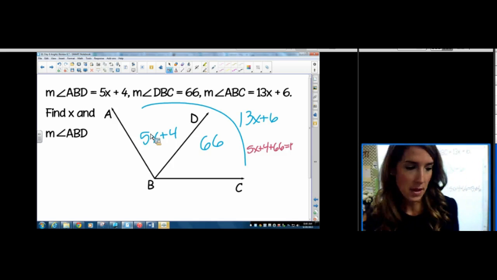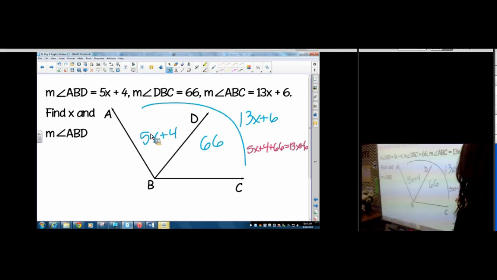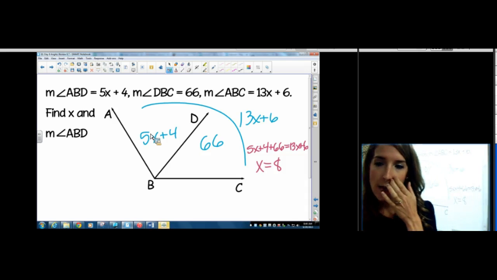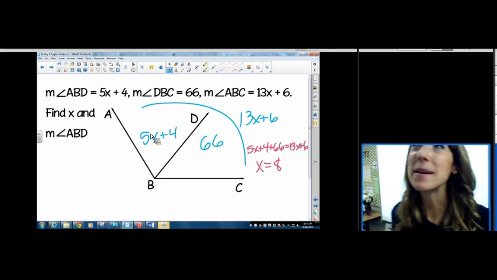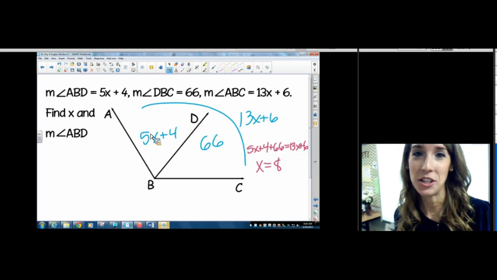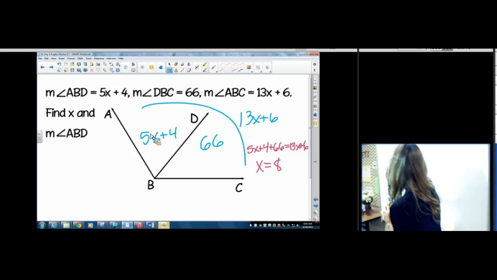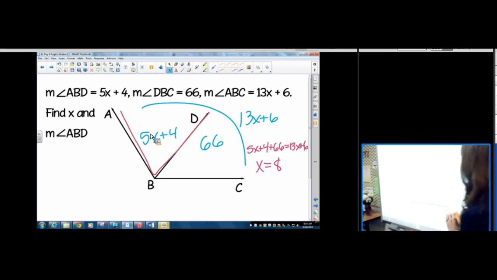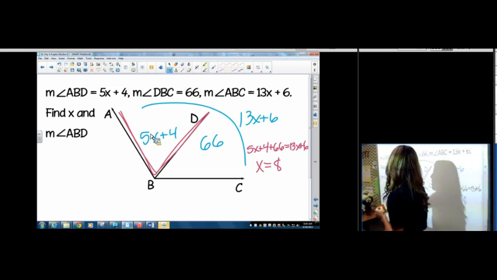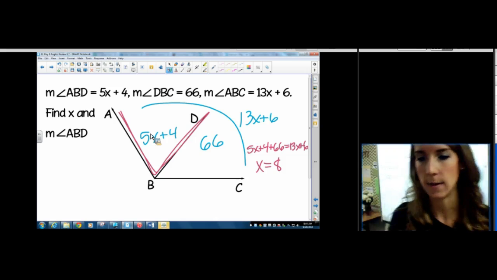What did x end up being, guys? X equals 8, and then there'll be a spot on your test to put x, but then there will be a spot where you will need to plug it back in. So ABD is this angle right here, so we would need to plug in 5 times 8 plus 4, and that's why the answer to angle ABD was 44.